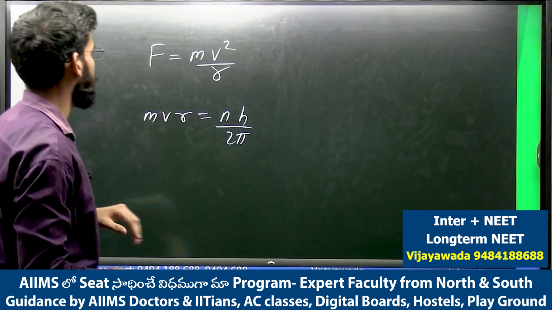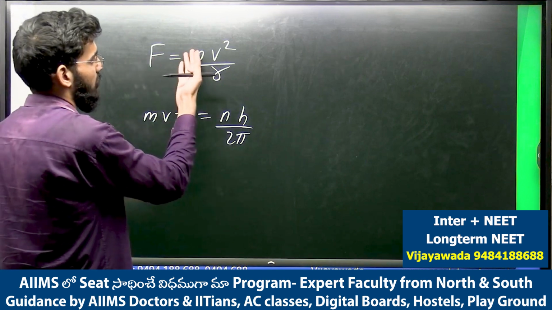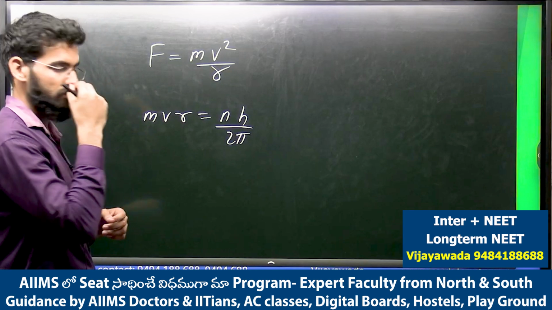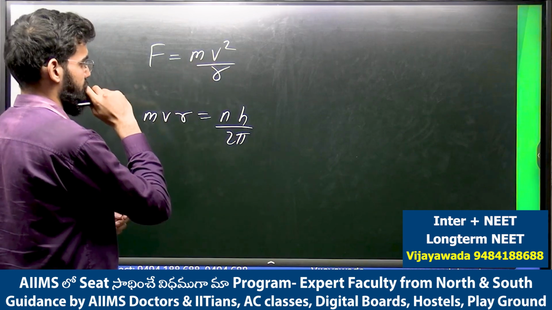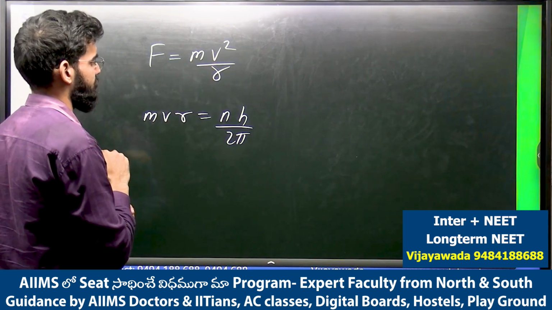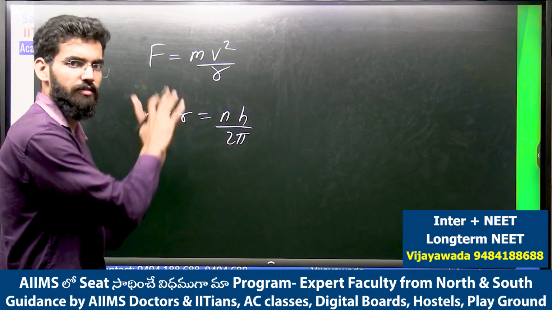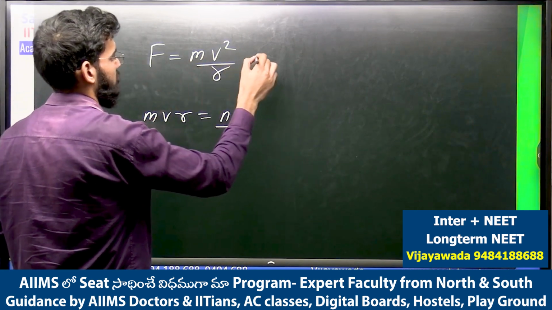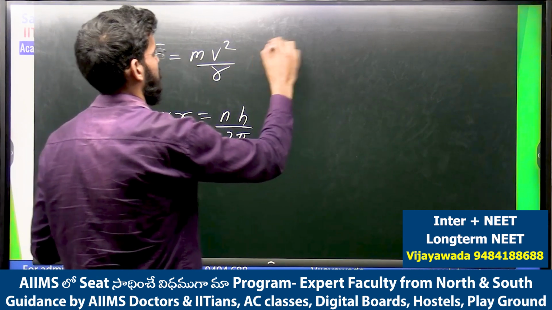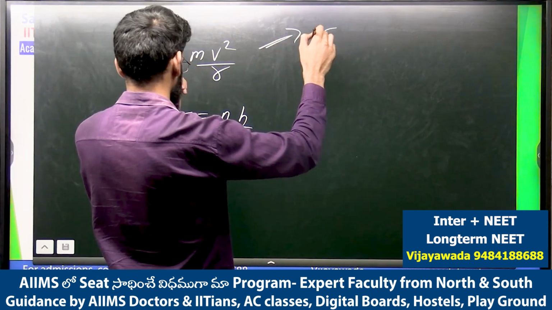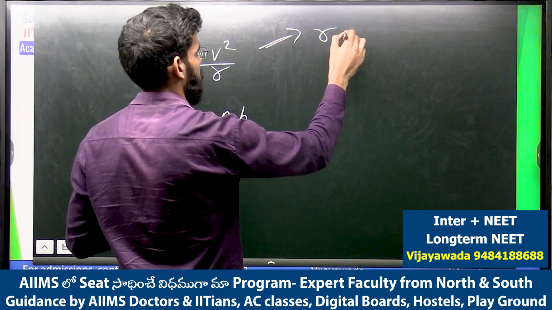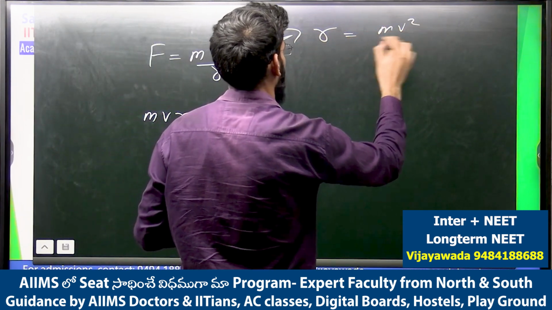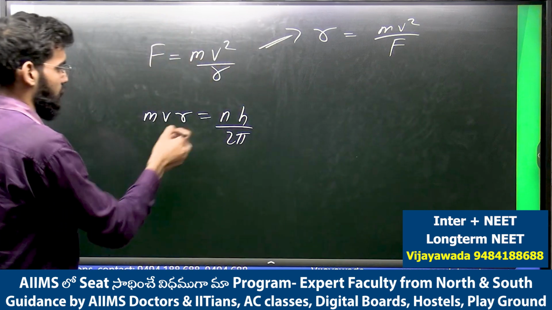So find out what you will say. Force is constant, mass is constant, h is constant, 2 pi is constant. Like that you treat. So first of all, I want r in terms of n and v in terms of n. So first you take r. From here, if I solve for r, it is mv square by F. Okay, so put the value of r here.